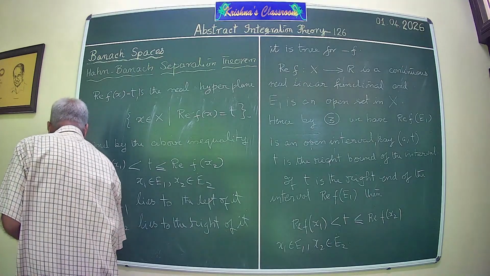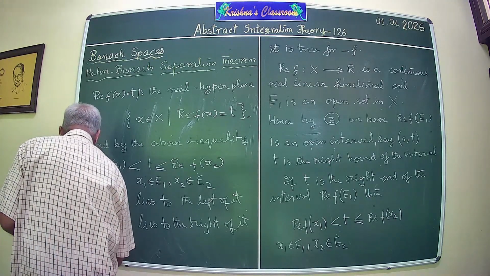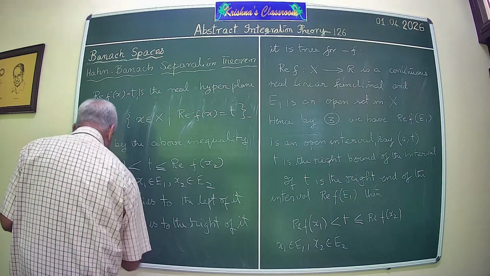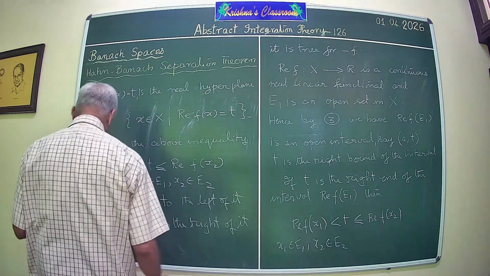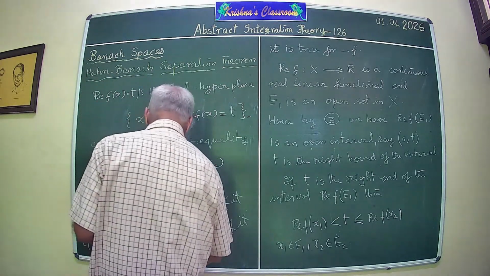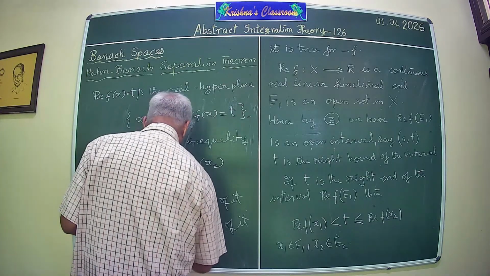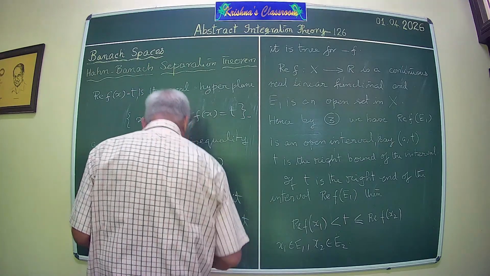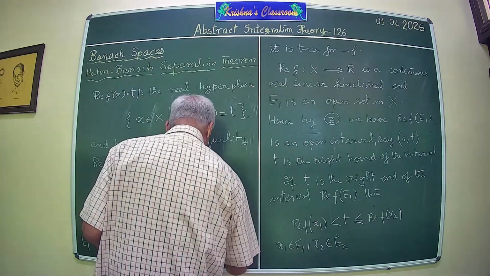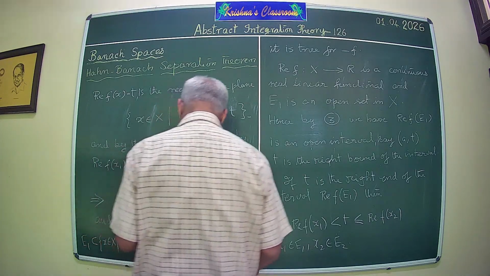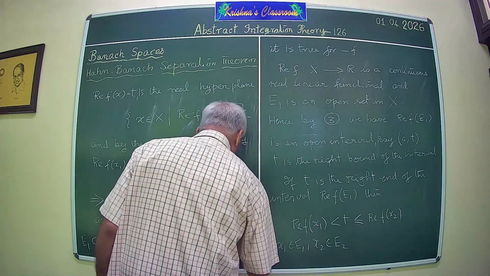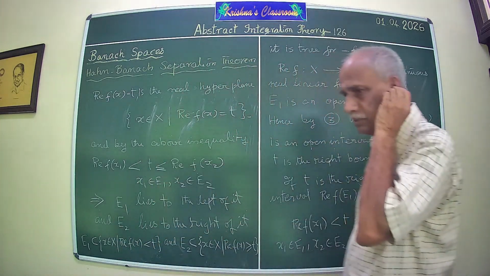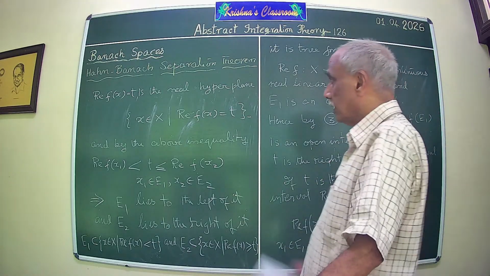That is, you have E1 is contained in one half-space and E2 in the other, and so E1 and E2 are actually separated by the linear functional f through the hyperplane it determines and passing through.